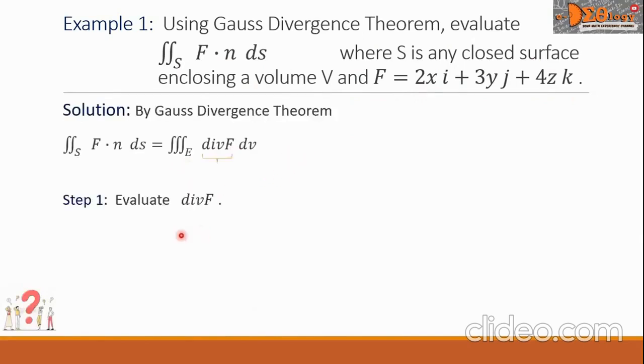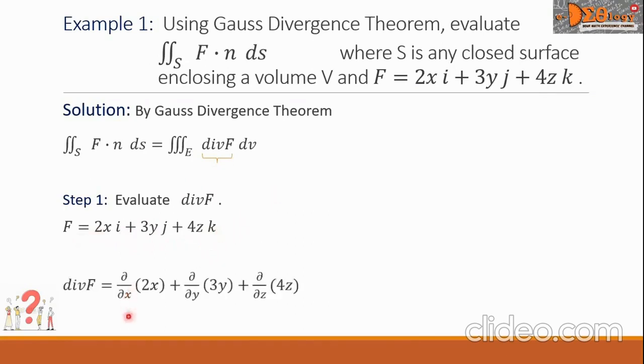For step 1, let us evaluate divergence F. The vector F is given as 2xi plus 3yj plus 4zk. So divergence of F is this: partial derivative of 2x with respect to x plus partial derivative of 3y with respect to y plus partial derivative of 4z with respect to z.